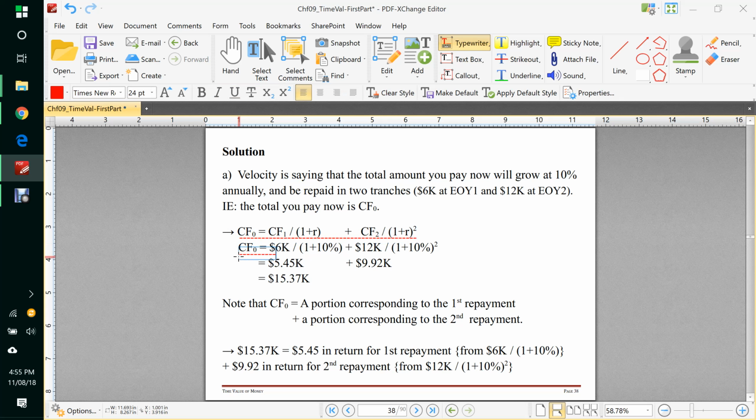So I substitute in, and the first payment is 6,000. r is 10%, so I have 6,000 divided by 1.1, and the second payment is 12,000 divided by 1.1 squared, so that's roughly 4,500 plus 9.9 thousand, or $15,370. Okay, and remember CF0 is the portion corresponding to the first payment and the portion corresponding to the second payment. So in terms of the cash flow diagram, it's A and B as noted right there.